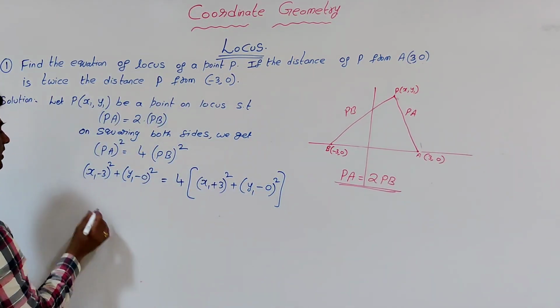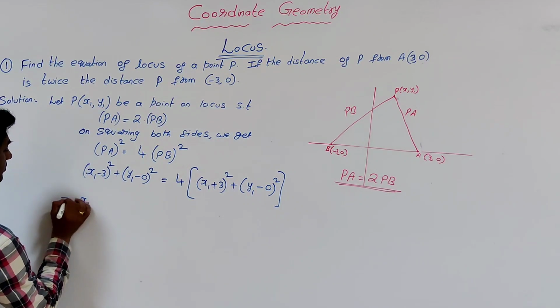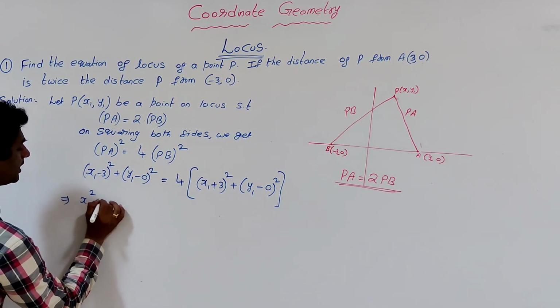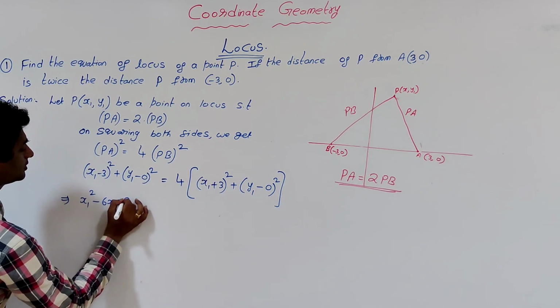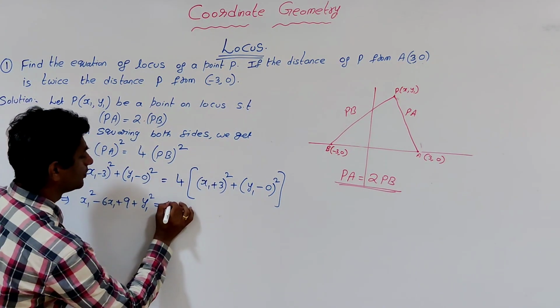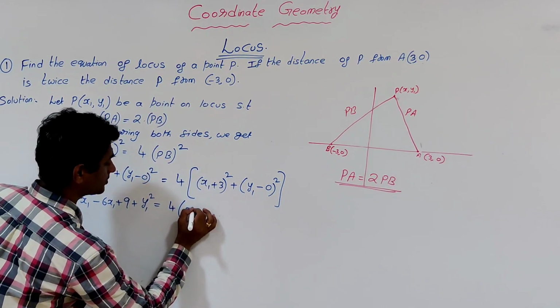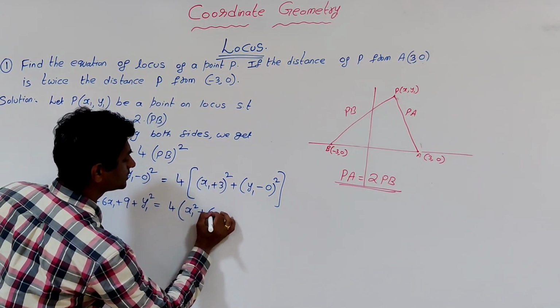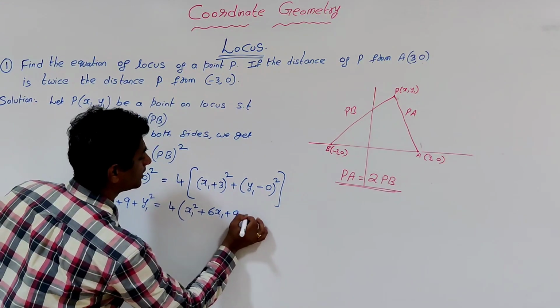Now if you simplify, it will be x1² − 6x1 + 9 + y1² equal to 4 times, again, x1² + 6x1 + 9 + y1².